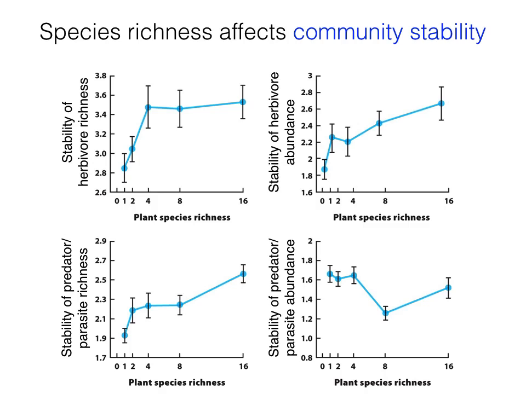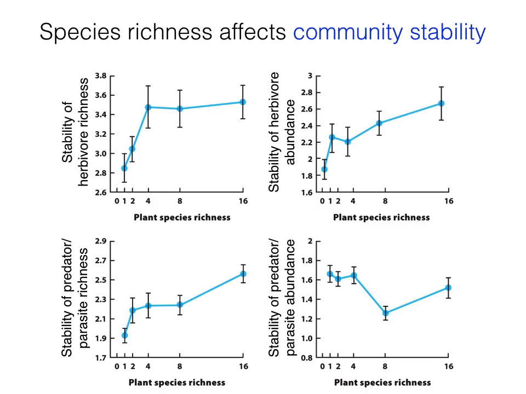That makes these graphs easier to interpret, because higher values of this inverse coefficient of variation correspond to increases in stability.